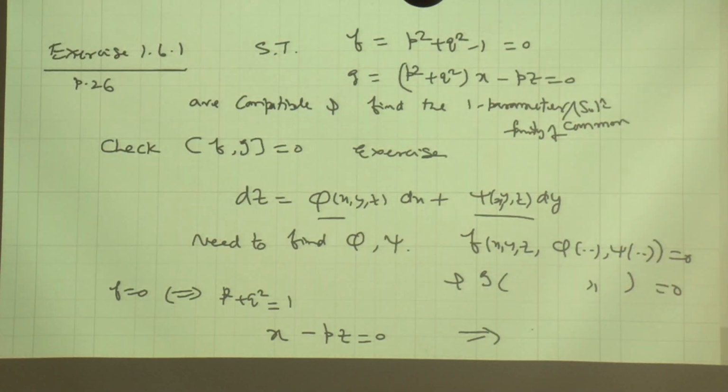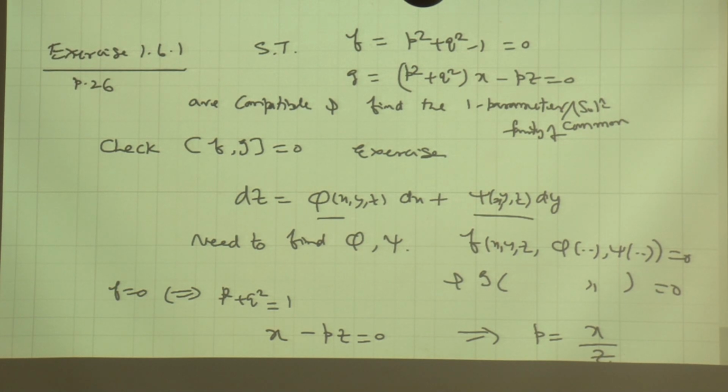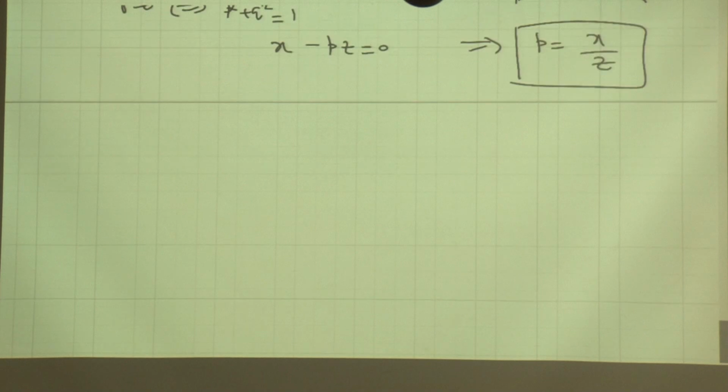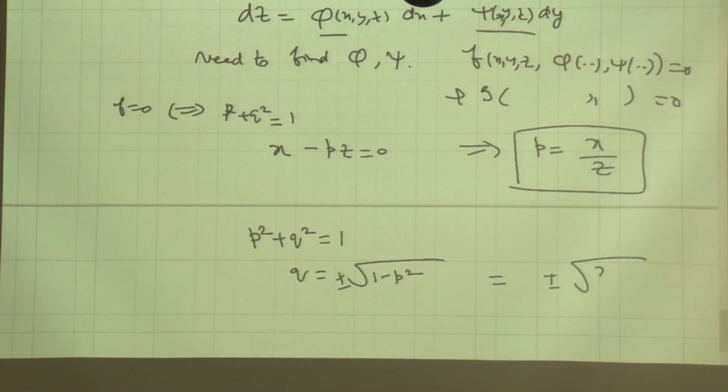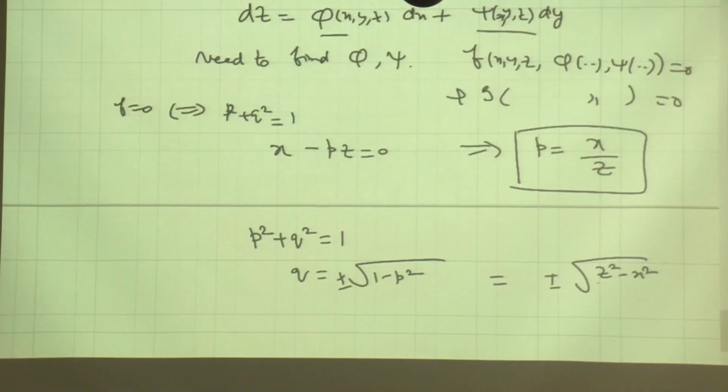So that will give us p is equal to x by z. So we got p. Now I need to get q. So I use p square plus q square equal to 1, the first equation. Therefore q is equal to plus or minus square root of 1 minus p square. But p is equal to x by z. So plus or minus square root of z square minus x square by z square.